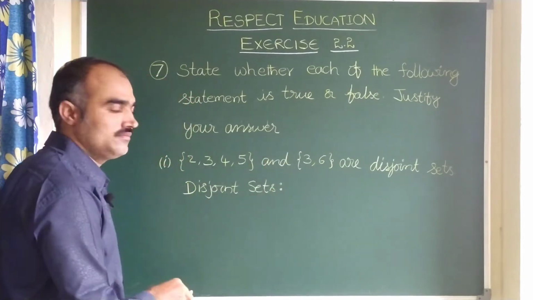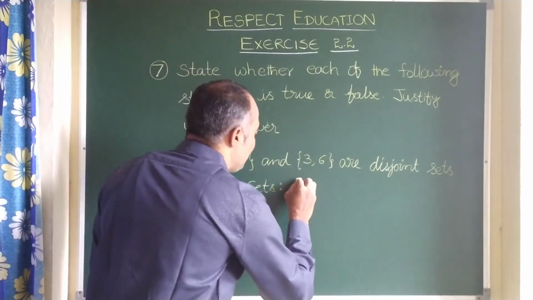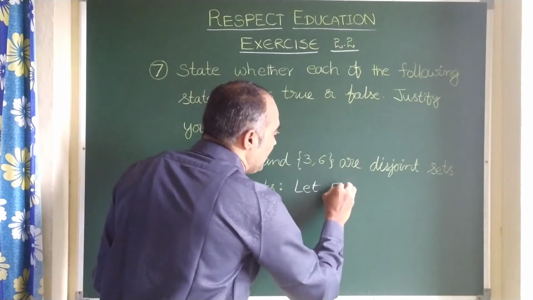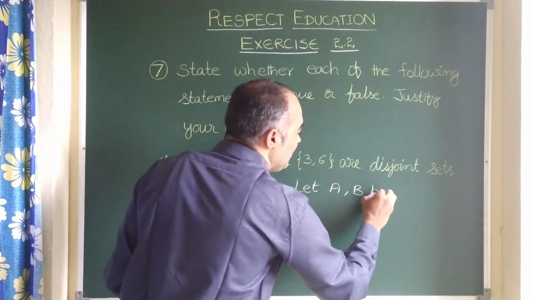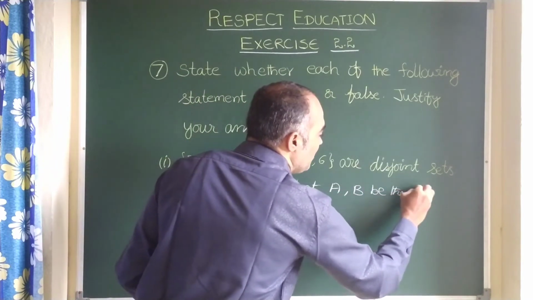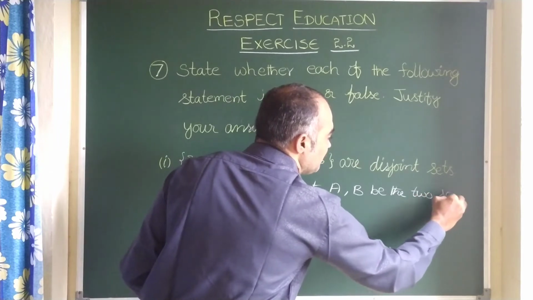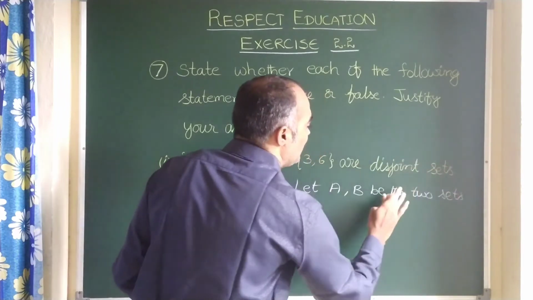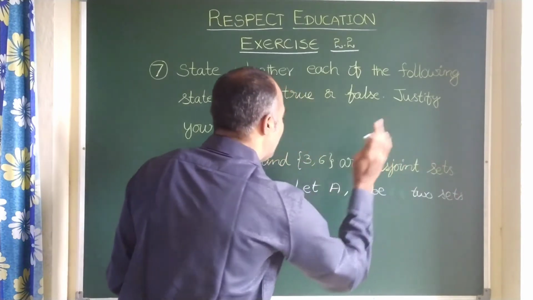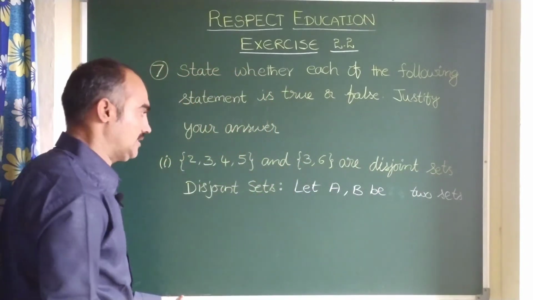Disjoint sets means, let A, B be two sets.